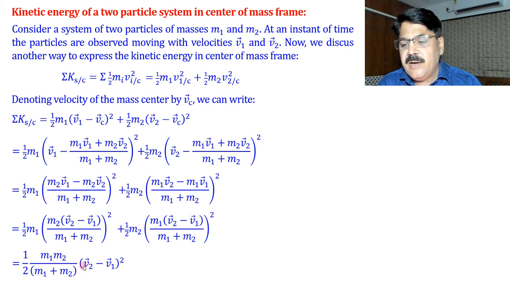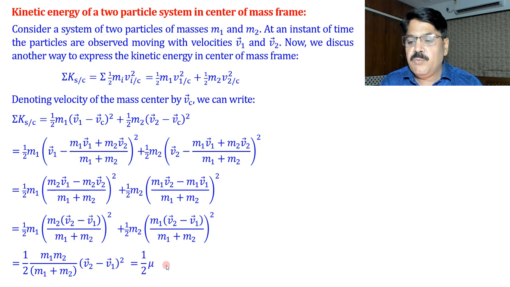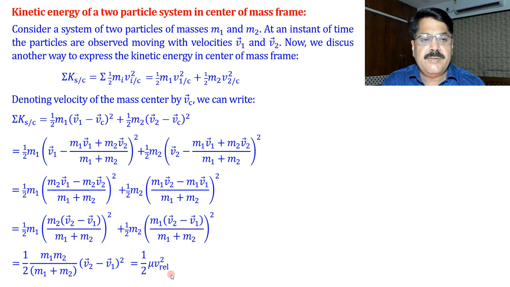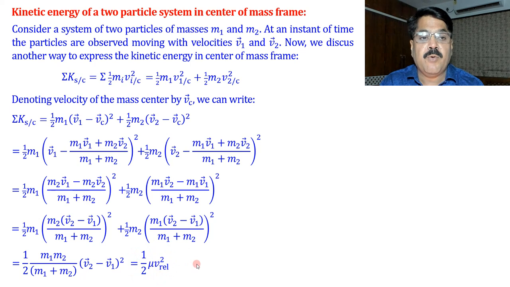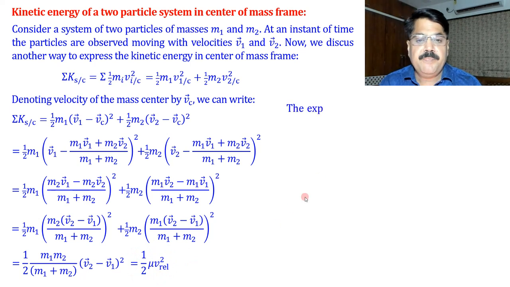And it is a simple relative velocity. So we can write here half into mu into v relative square. So in this way you can find a very simple relation for the kinetic energy of a two particle system in the center of mass frame. Again you can realize such a simple relation is not possible for three or more particle systems. So now we can summarize here.